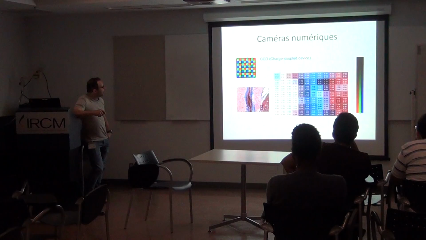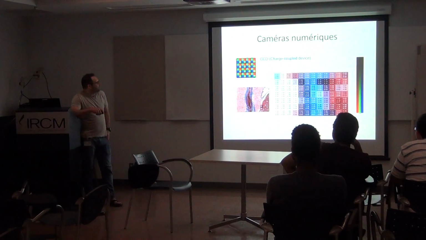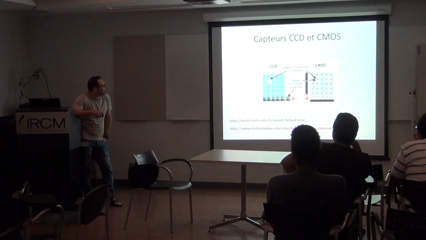Every pixel usually follows what is called a Bayer pattern. So you have pixels which are better to detect green, and other pixels which will detect the red, and others the blue. And the reason they put more green is because our eye is more sensitive to green, so it's better to detail the green.